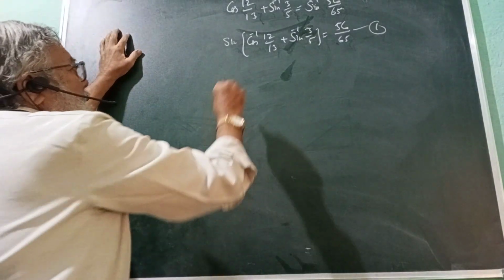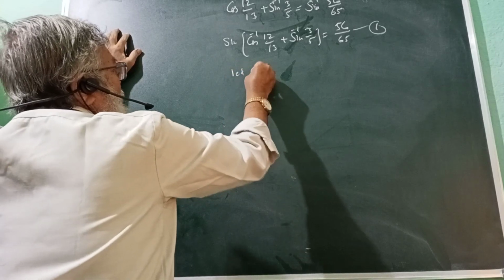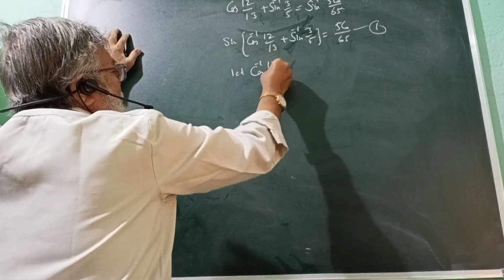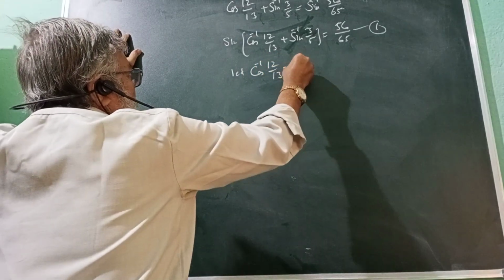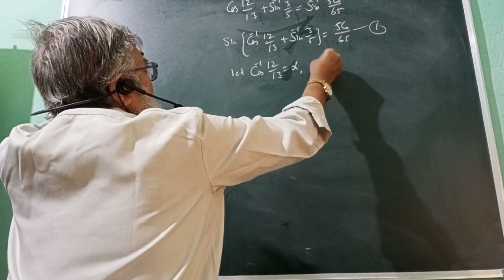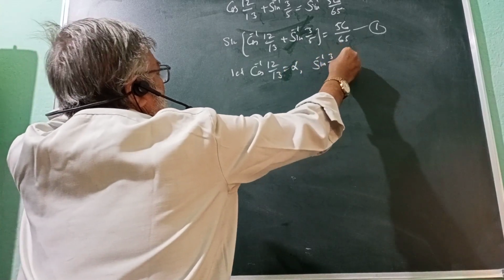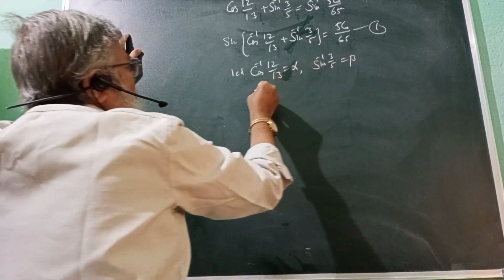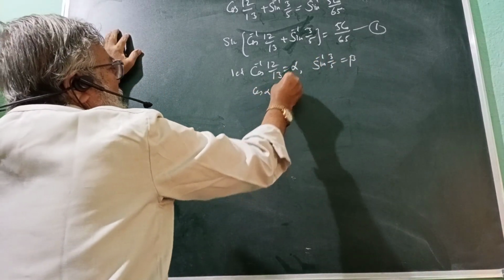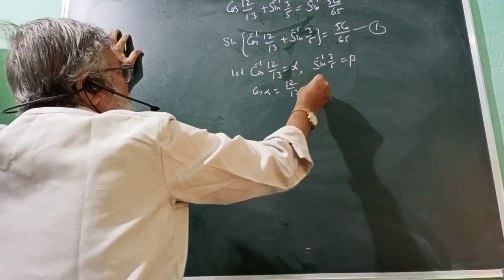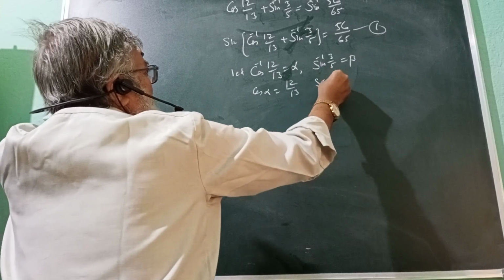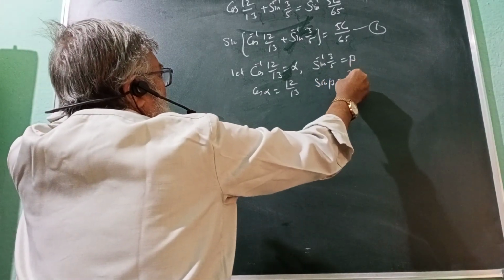Let us suppose cos inverse of 12 by 13 is equal to alpha, sine inverse of 3 by 5 is equal to beta. Then you know cos alpha is equal to 12 by 13, sin beta is equal to 3 by 5.